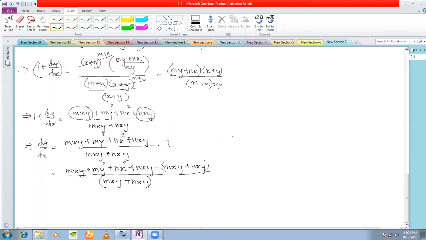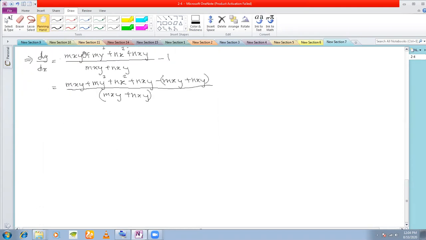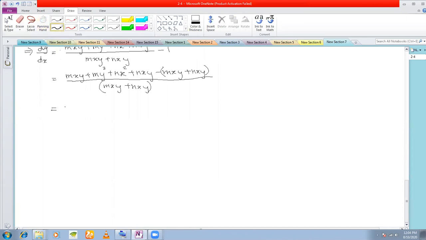Okay, so now what you get, you open the brackets, mxy plus my square plus nx square plus nxy minus mxy minus nxy, whole divided by mxy plus nxy. Okay, so mxy cancels, and nxy they cancel.